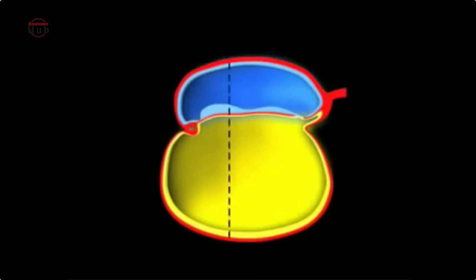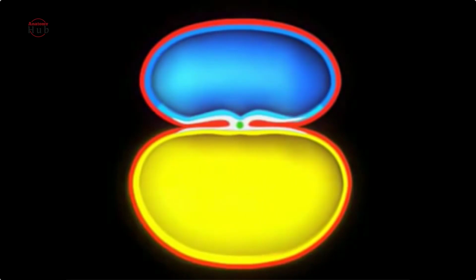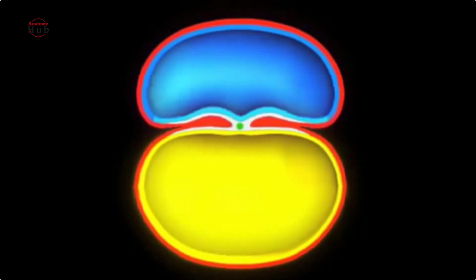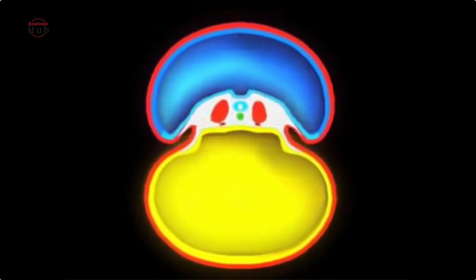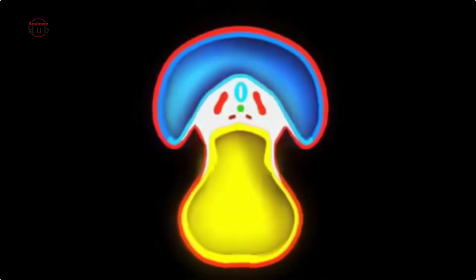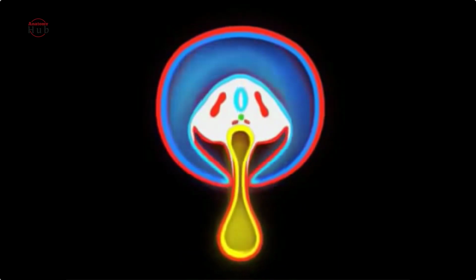As the lateral folding progresses, the connection between the yolk sac and midgut reduces in size and forms the yolk stalk. The region of attachment of the amnion to the embryo also reduces to the smaller umbilical region.